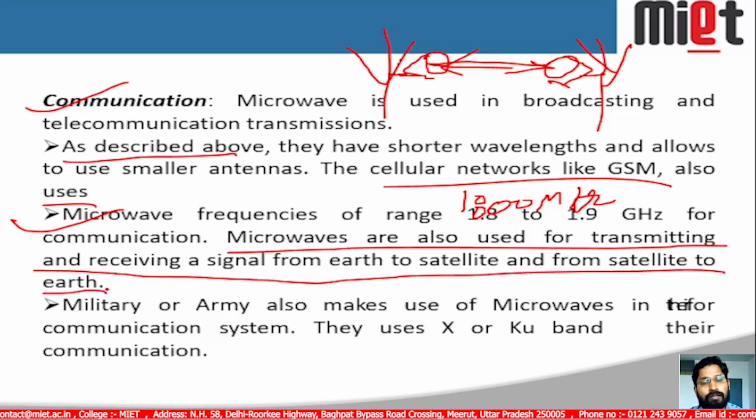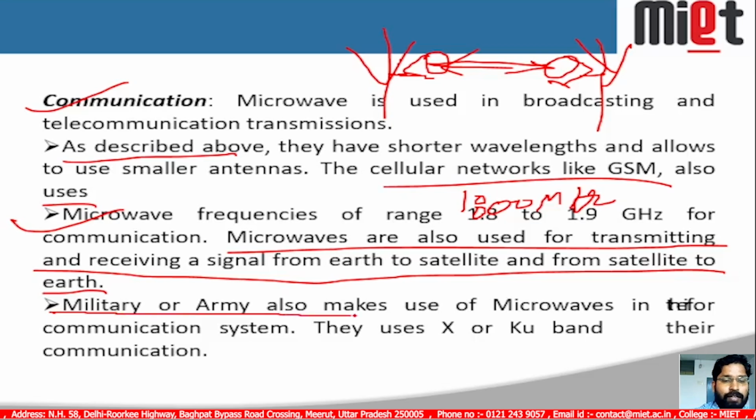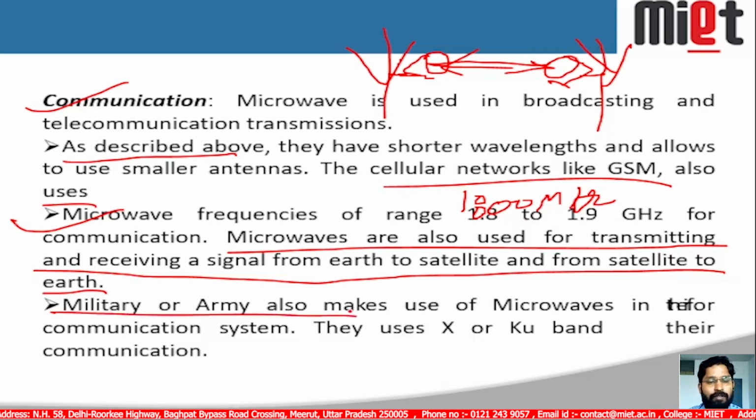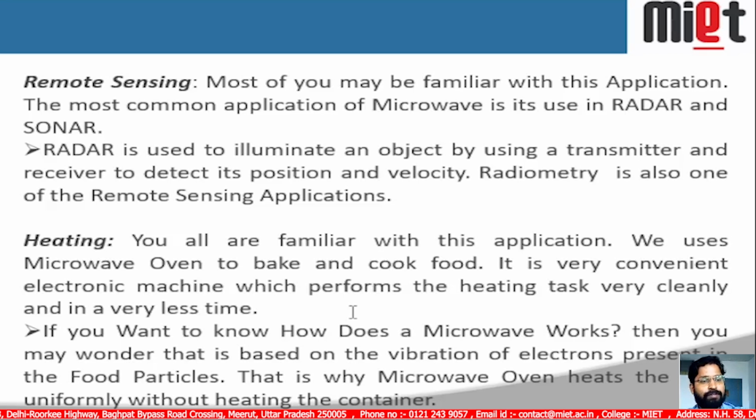Means high frequency microwave bands are used in satellite communication. It is also used for military communication, for radar and also communication purposes. Radar is also designed for this microwave frequency band.